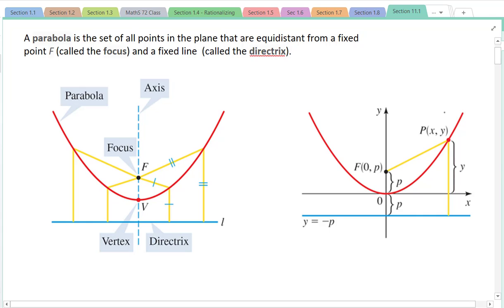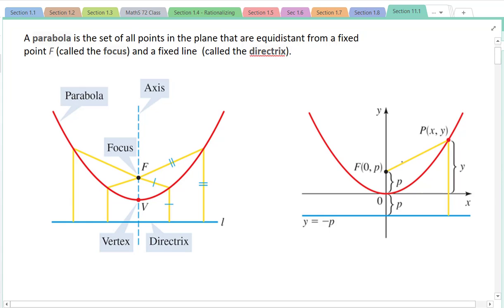Here's another picture identifying the points of interest. The focus is the point (0, p), and the focus is above the vertex, on the inside of the parabola. The directrix is a line the same distance away as the focus is, but on the outside of the parabola.